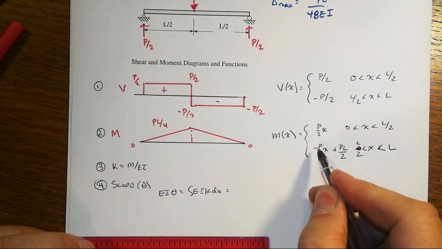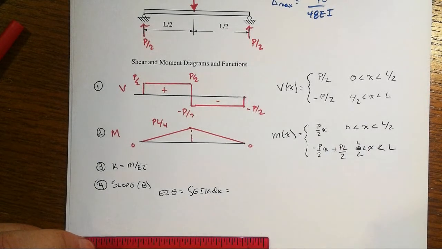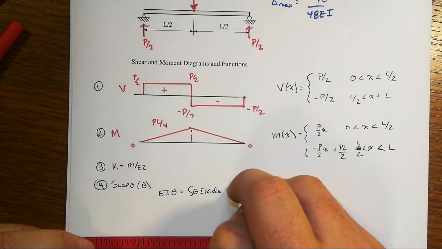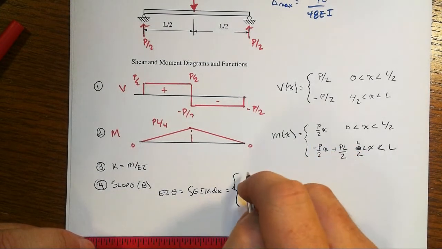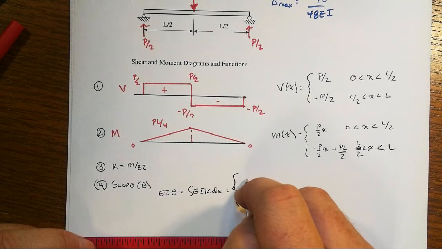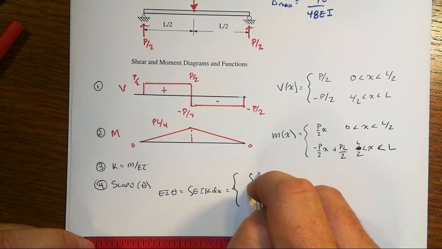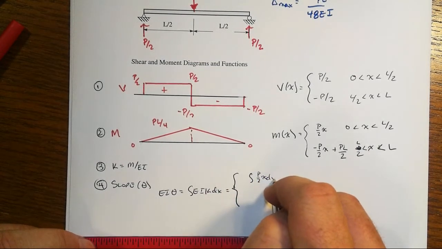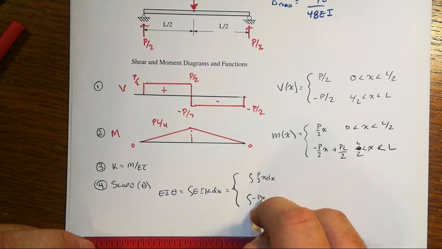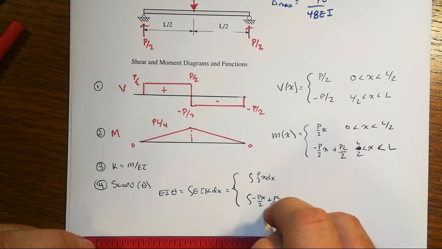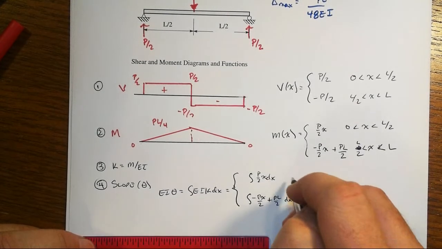And oh, we got to do this in 2 pieces. Oh, what a pain this is. We've got the integral of P over 2 x dx, and the integral of minus Px over 2 plus PL over 2 quantity times dx.